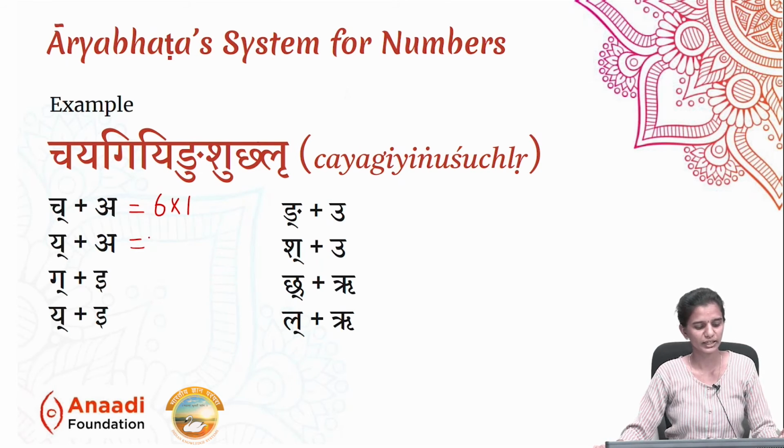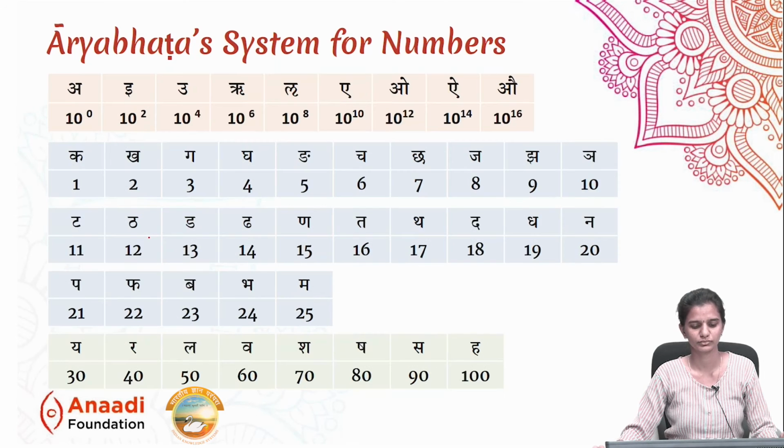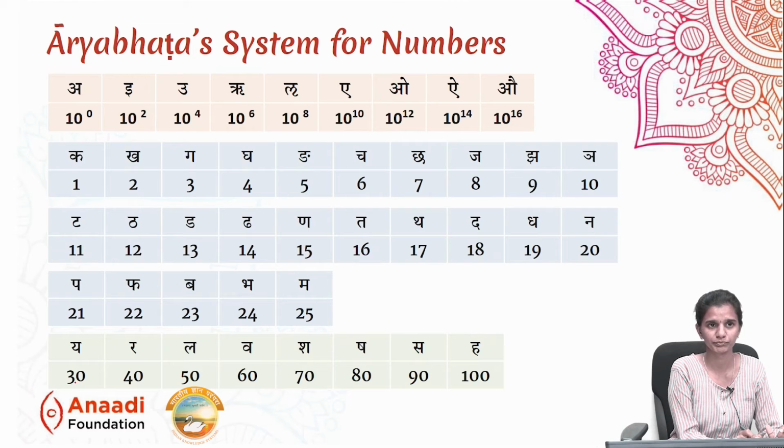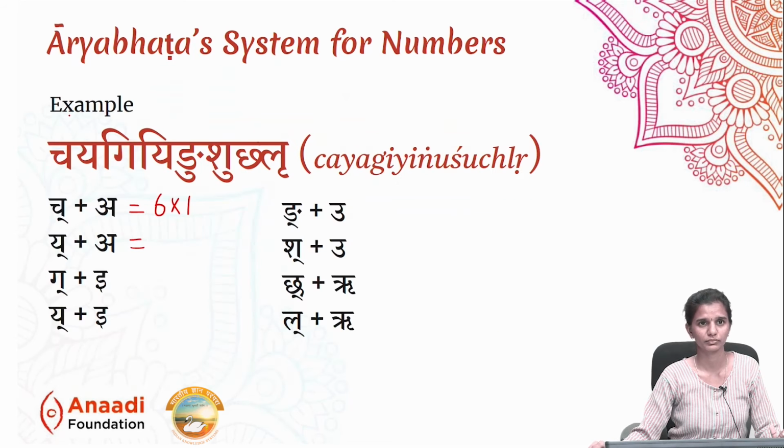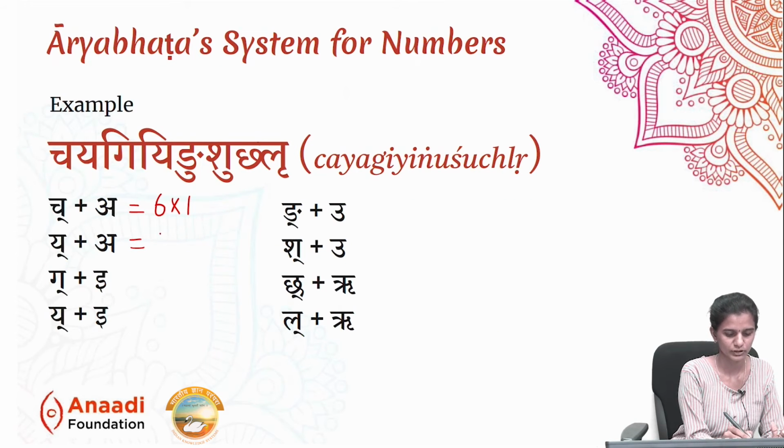Then we have I plus a. The value for ya here is 30. Then we have a again. The value is 1. 30 into 1.